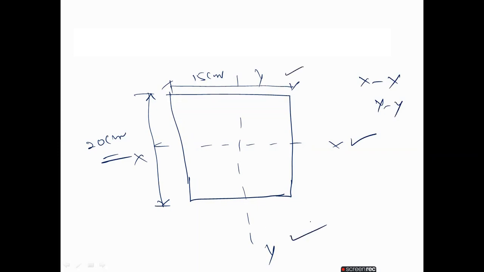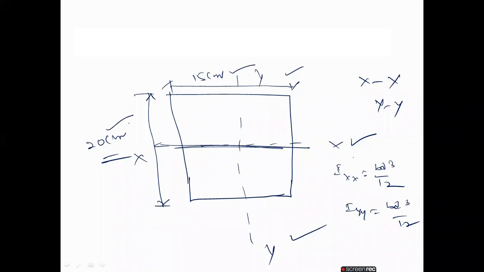This is the most important thing. The formula is IXX equals BD cube by 12, and IYY also BD cube by 12. About the x-axis, the B value is 15 and D value is 20. About the y-axis, the B value is 20 and D value is 15.